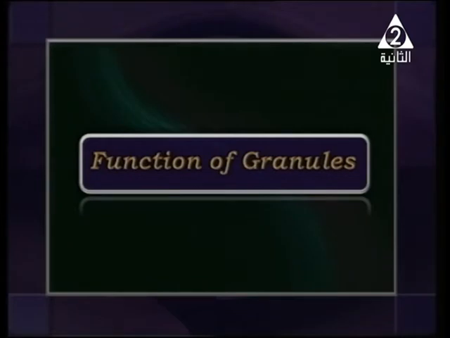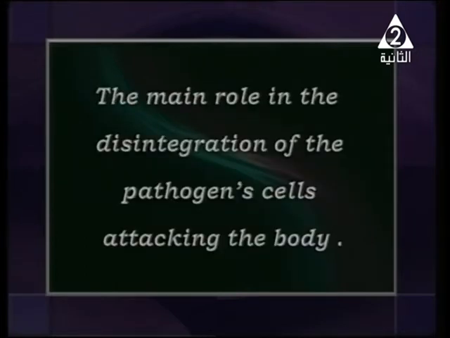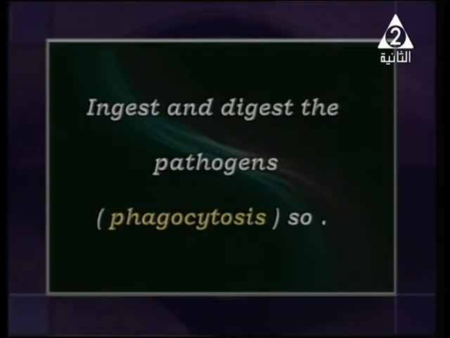What about the functions of these granules inside the white blood cells? Well, their main role is the disintegration or destroying of the pathogens of the cells that attack the body, and they also ingest and digest the pathogen. This is a kind of phagocytosis.